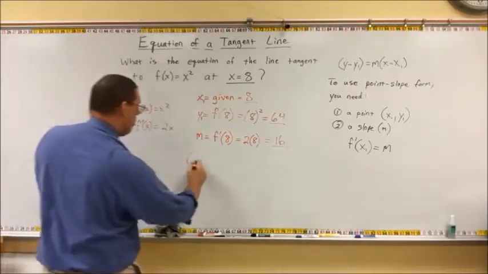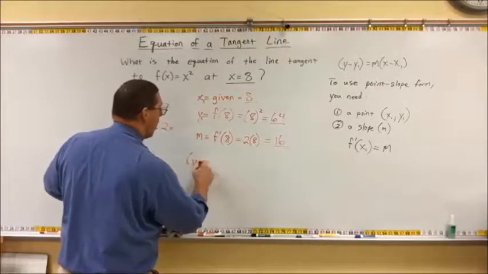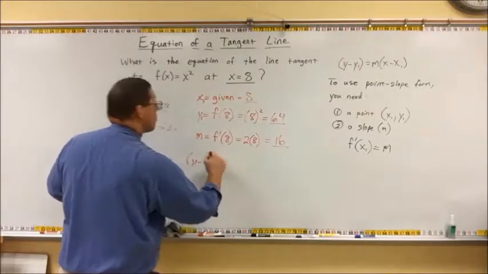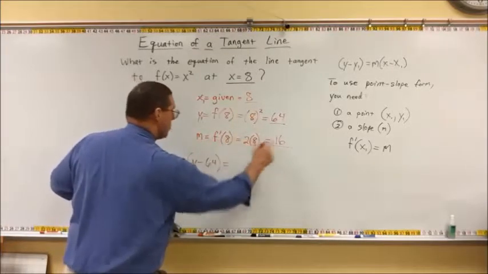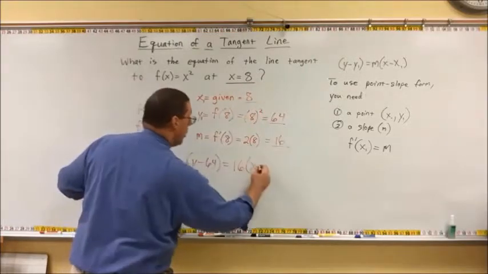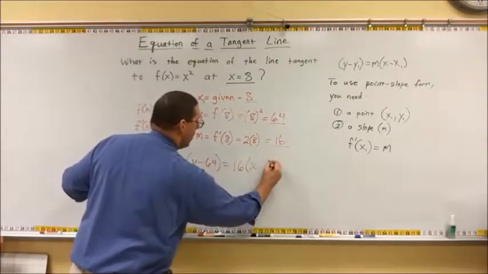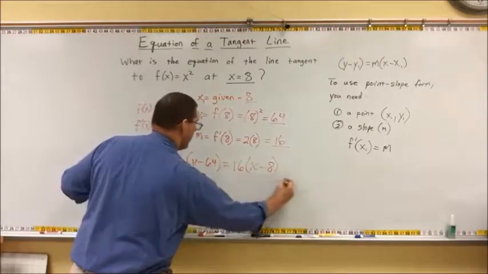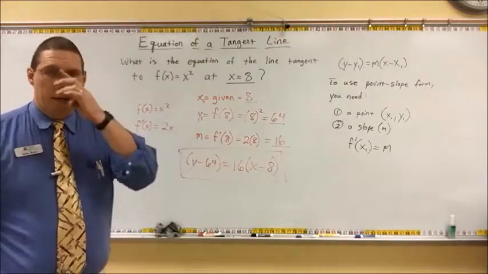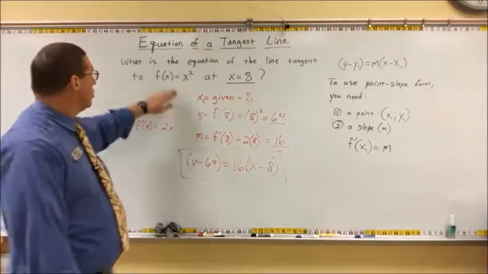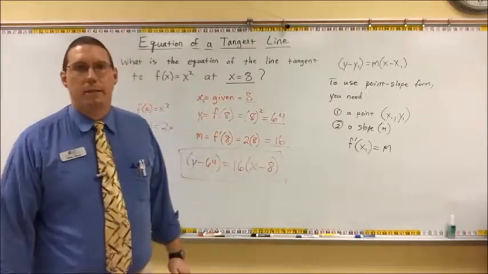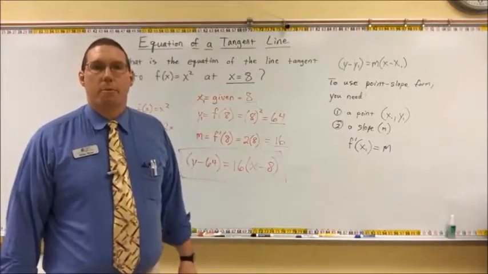Parenthesis, y minus, whatever y1 is, 64, equals slope m, 16, times x minus x1. And x1 is 8. And so this is the equation of the line tangent to x squared when x is equal to 8. Okay? Let's do another example.